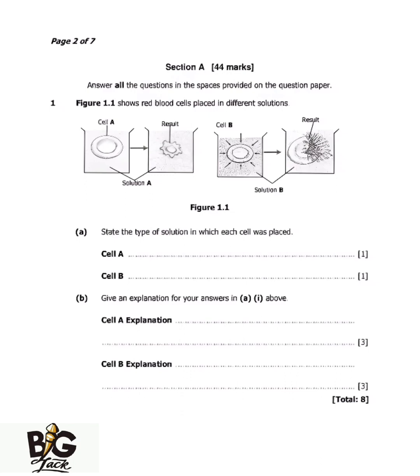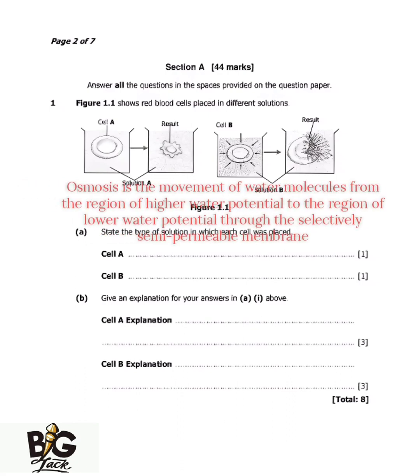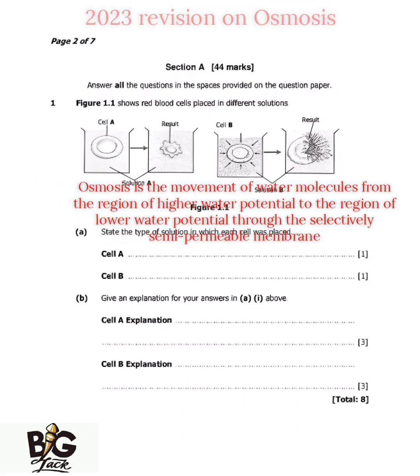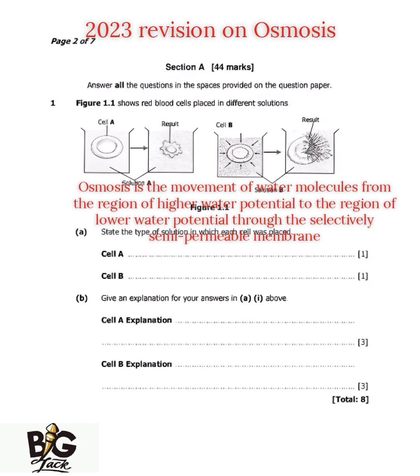Now, before I answer all the questions, let me explain something under osmosis. First, I'm going to define what osmosis is. Osmosis is the movement of water molecules from the region of higher water potential to the region of lower water potential through a selectively semi-permeable membrane.